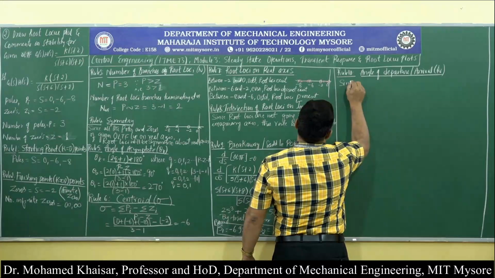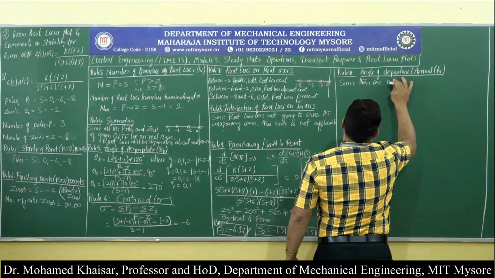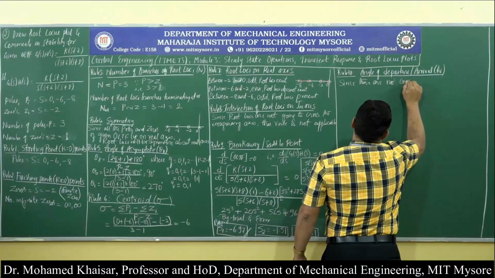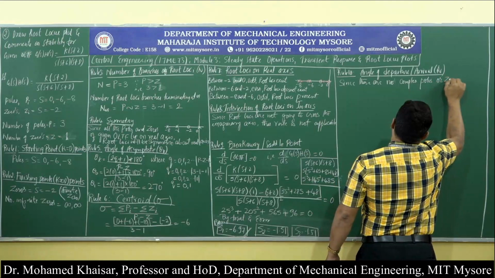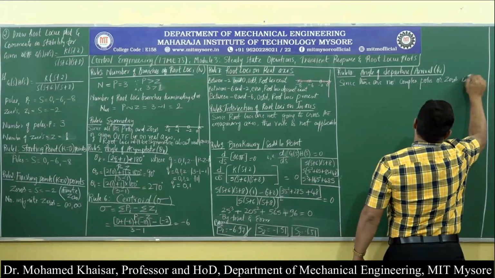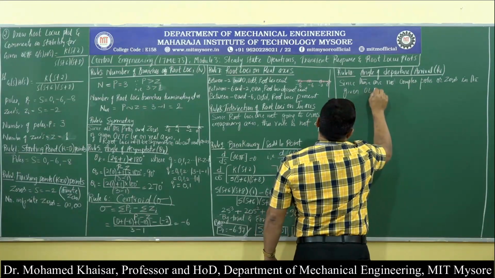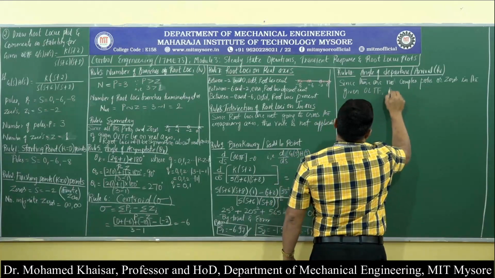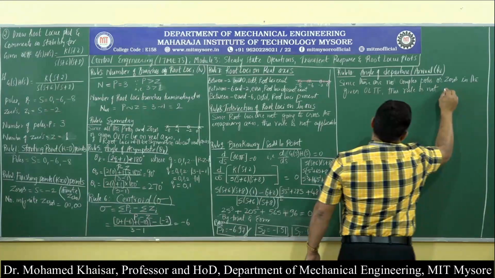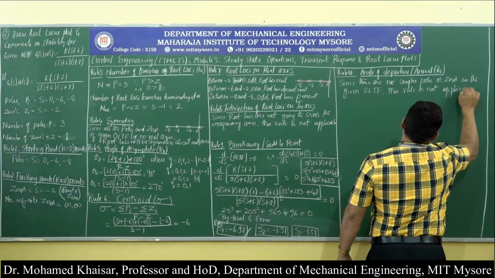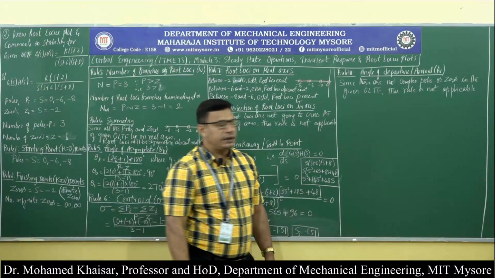So since there are no complex poles or zeros in the given OLTF, this rule is not applicable.